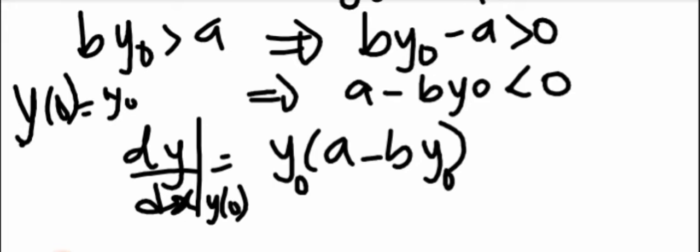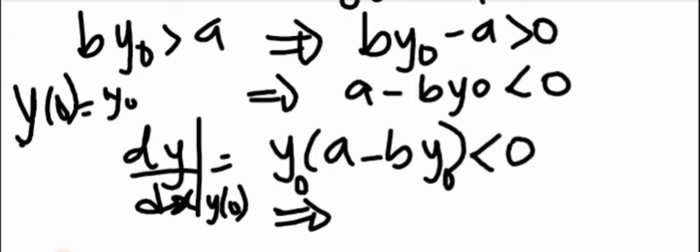But what does this mean? We said y naught is bigger than 0. This is bigger than 0, but this is less than 0. So if you multiply a number that is less than 0, like minus something, with a number that is greater than 0, you're always going to get a number that is minus something. So whatever your answer will be, it is less than 0.